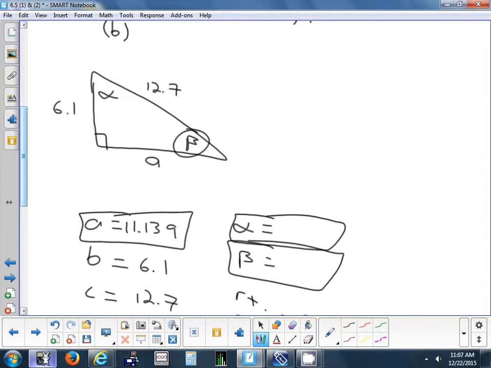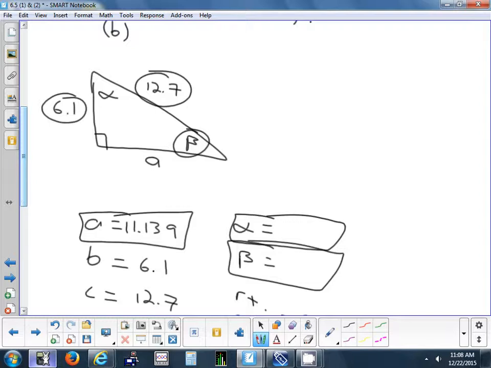So we're going to get beta. Now I have choices. I need to use two of these sides. Which two should I use? Use the given ones, yep. Use the 6.1 and the 12.7. Now we just have to figure out which trig function based on the names of these sides relative to this angle. Sine.